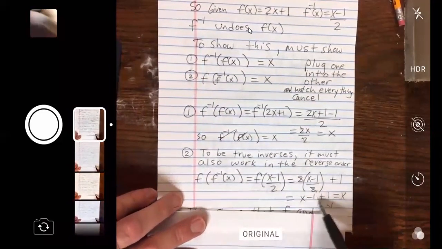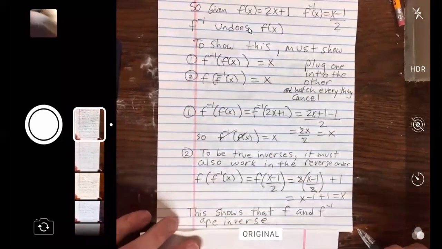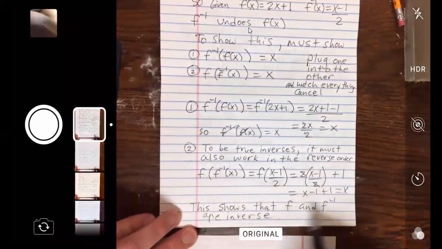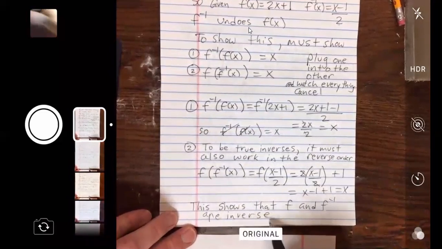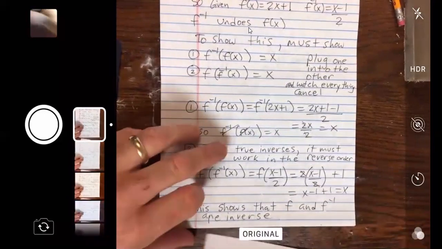You're left with the x minus 1, add 1. Minus 1, 1 cancels, leaves me the x. So this shows that the f and f inverse are inverse. They cancel each other out, just basically going in a big circle. Questions about that? No, sir.